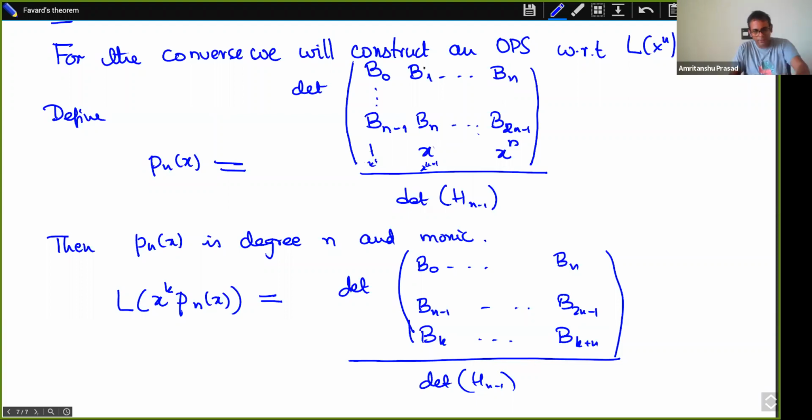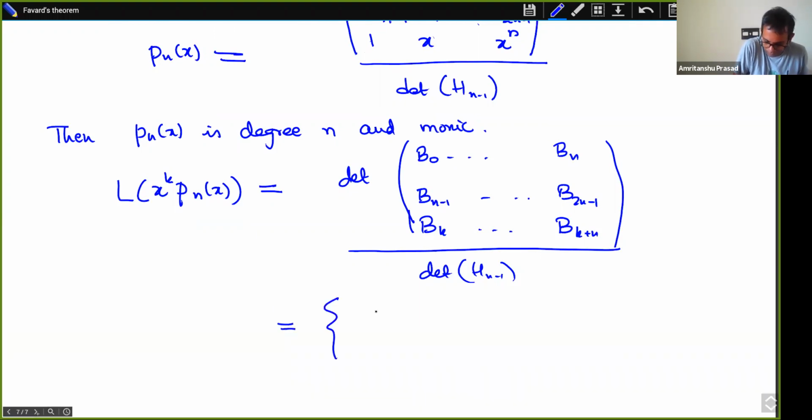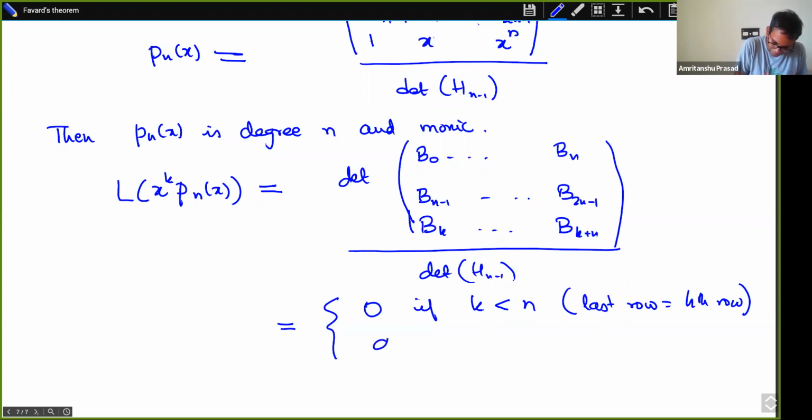And so this is so nice now because you can immediately see that if k is less than n, then this last row here will coincide with some earlier row, because the last row equals the kth row. So the determinant will vanish, and it is equal to the determinant hn divided by the determinant hn minus 1 if k equals n.